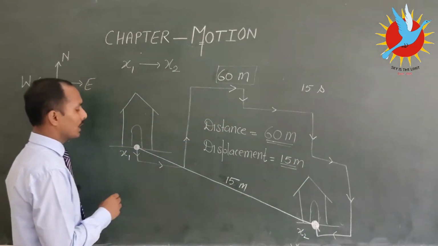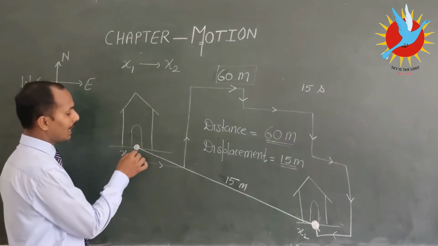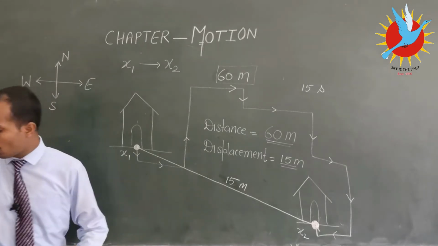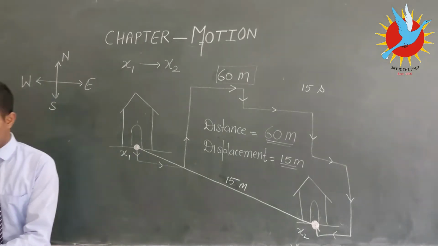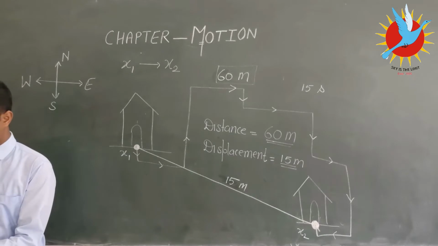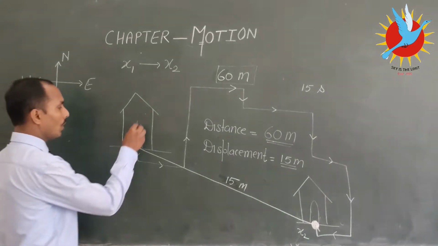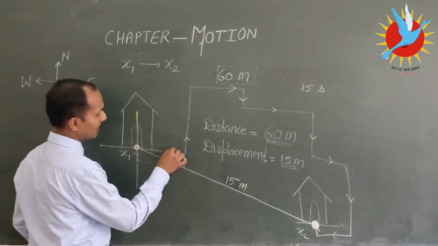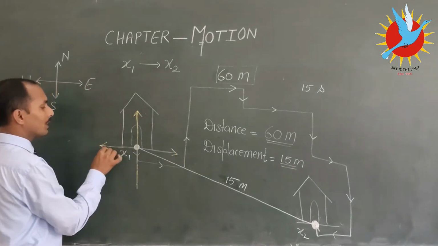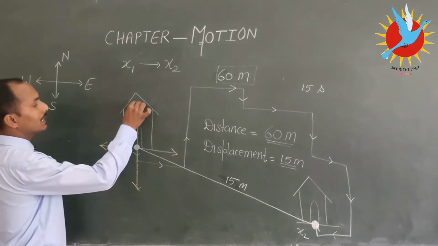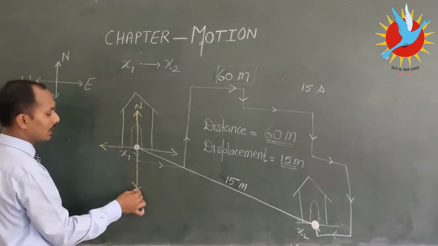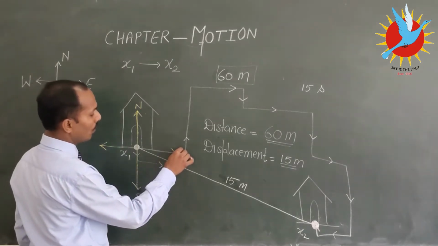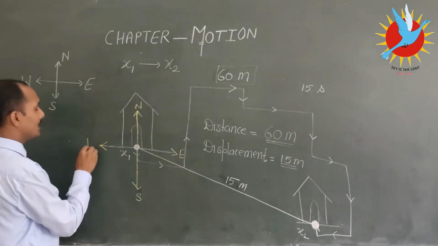Now let us show its direction. If you draw the north and south indication, this arrow shows north, this arrow shows south, this shows east and this is west.